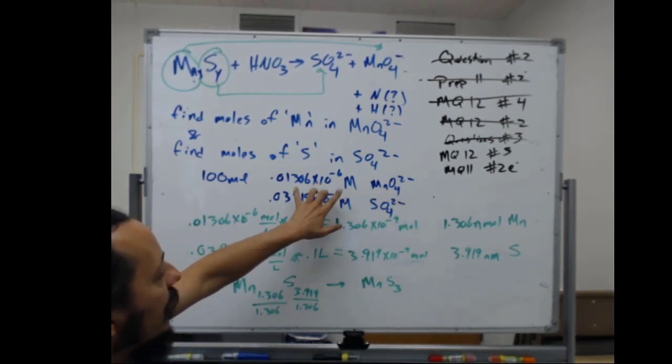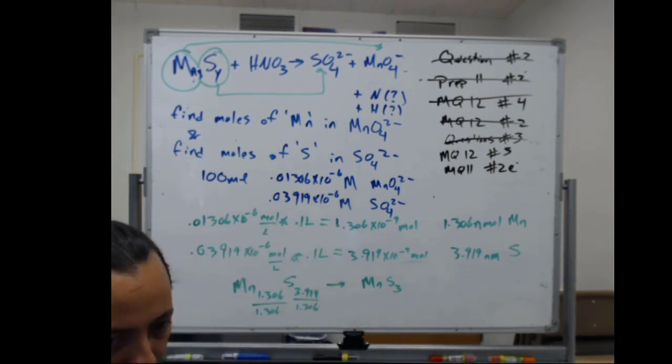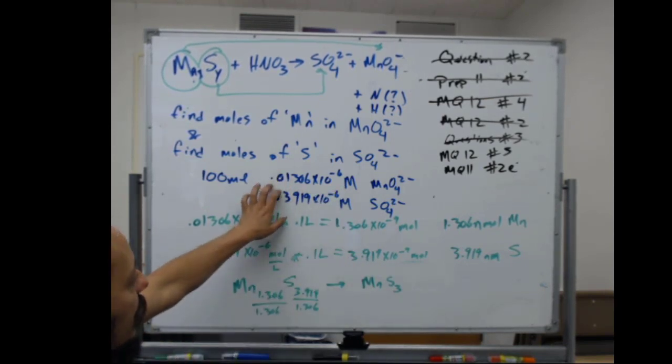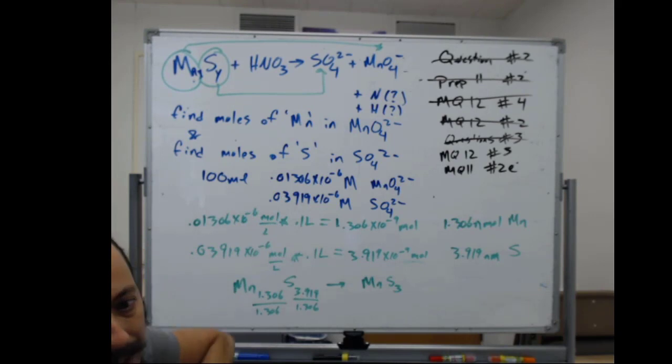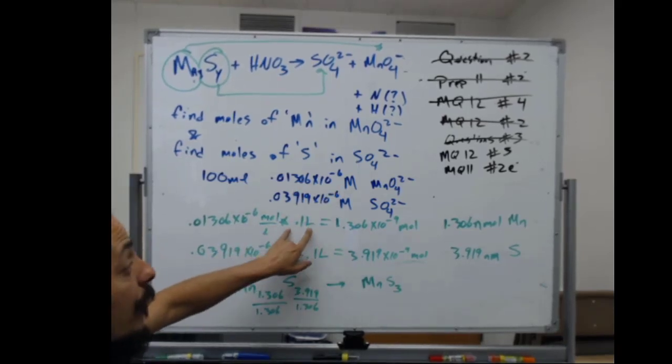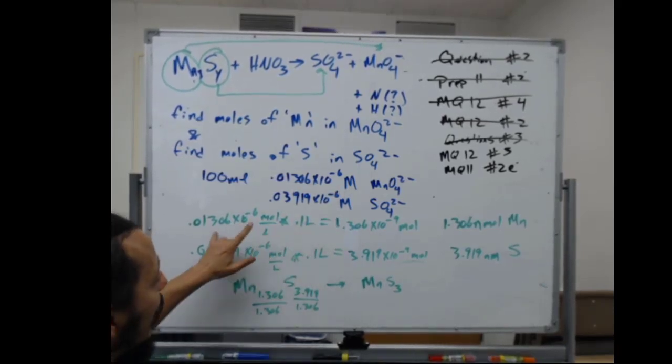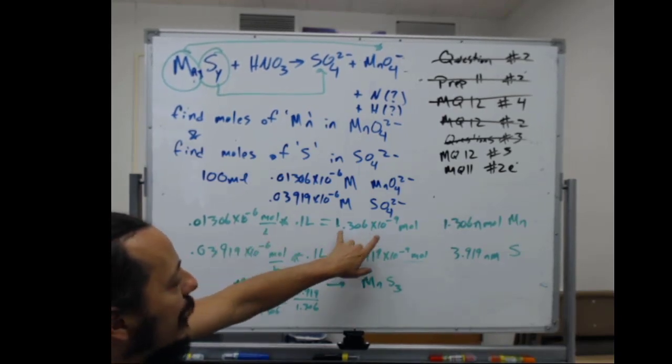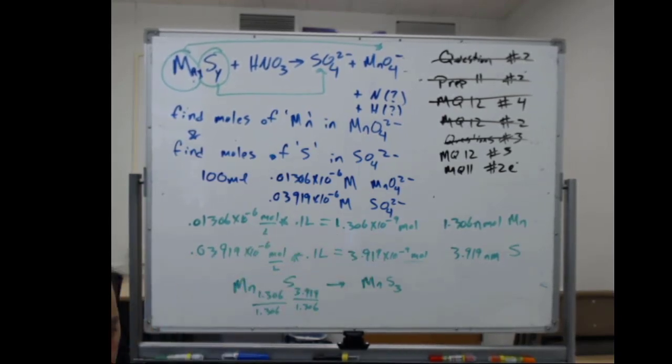We know the concentration of the manganese in the 100 milliliter digestion is 0.01306 molarity. If I know the concentration of manganese in that solution and the volume of that solution, I can use those two pieces of information to get my moles of manganese in the solution, which is going to be my amount of manganese.